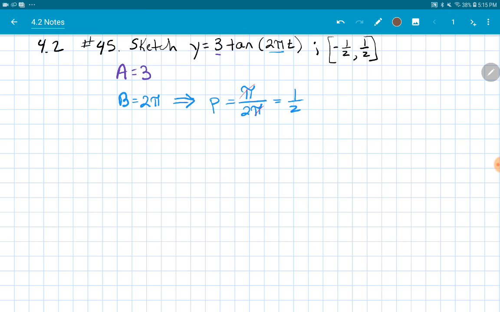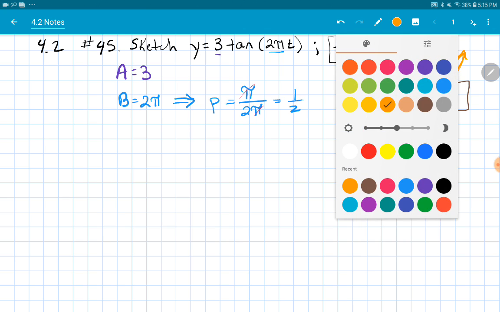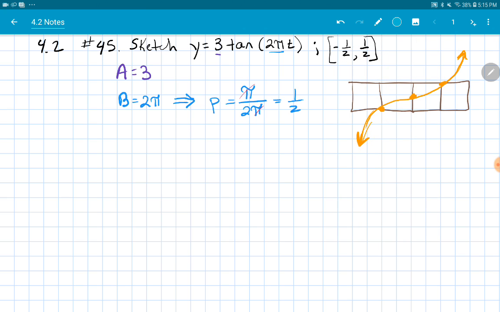I'm going to split that into fourths, and I know that my tangent function, the parent function, goes through a -1 here and a +1, and it has the 0 in the middle, and then it goes on for infinity against the asymptotes, and it kind of looks like this little S. That's the general shape of my tangent function, and my reference rectangle is split into fourths there. And I'm going to use that period to split that into fourths.